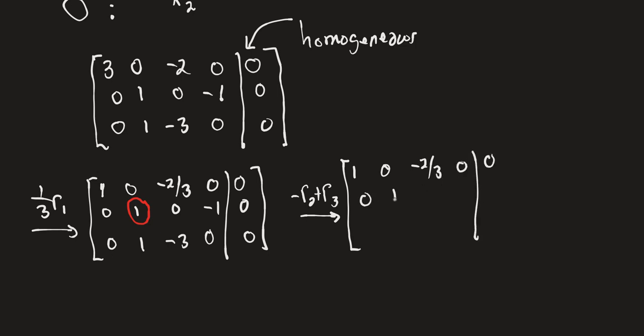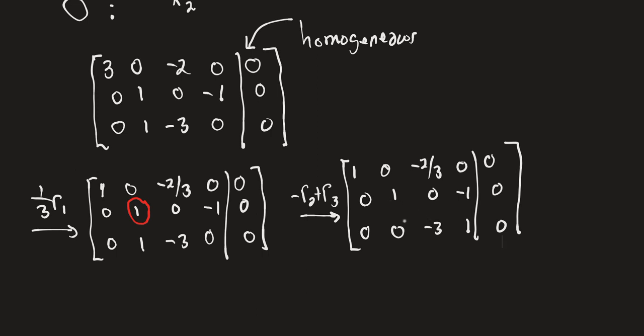And then we'll have a new third row that ends up being 0, 0, -3, and then 1, and then 0, right? So all I did was, again, I just took the negative of row 2, added it to row 3, and then this becomes the new row 3. So we're looking good, right?